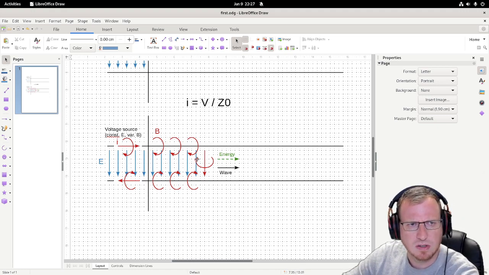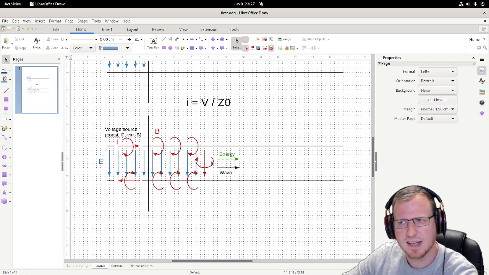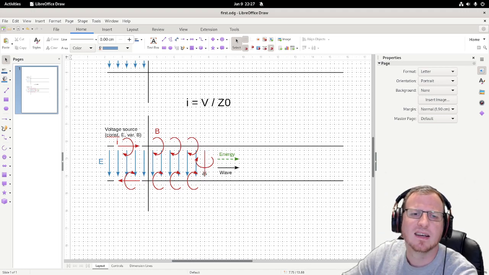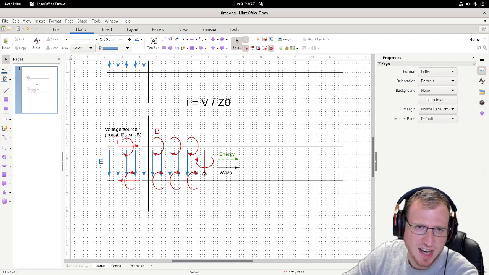The energy is also traveling from left to right, and the transmission line is loaded. And loaded means current is flowing here into the transmission line and then down here as a change of the electric field.